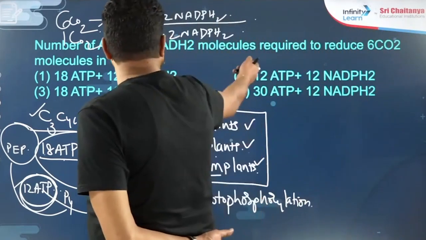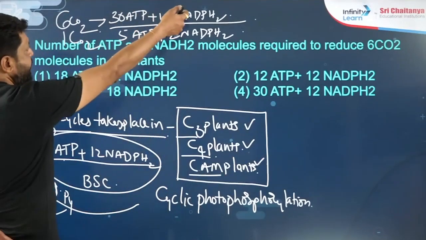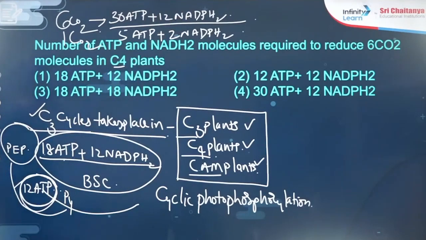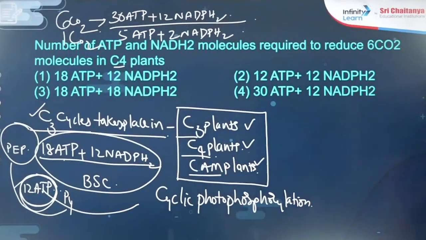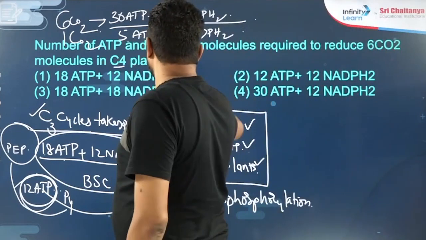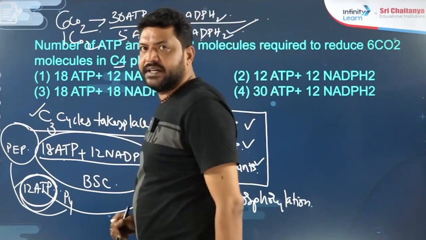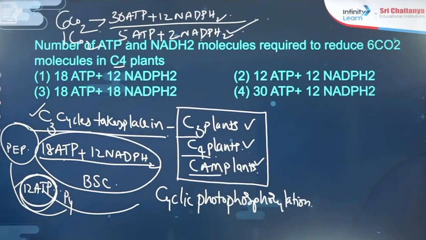Next, in C4 plants, how many are required? 30 ATP plus 12 NADPH2. Another question, slightly changed but the answer is constant: the number of ATP and NADPH2 required for the reduction of 1 CO2 molecule in C4 plants will be 5 ATP and 2 NADPH2. This is the correct answer. Was it clear, students? Shall I go to the next page?